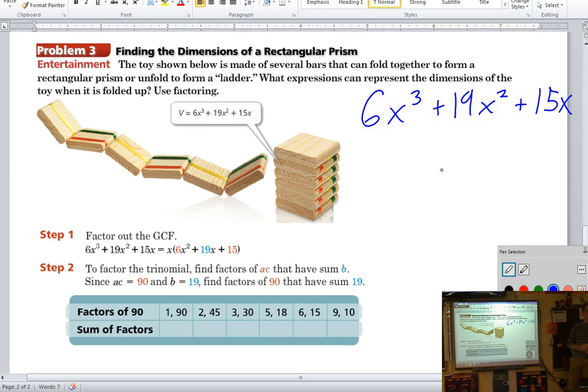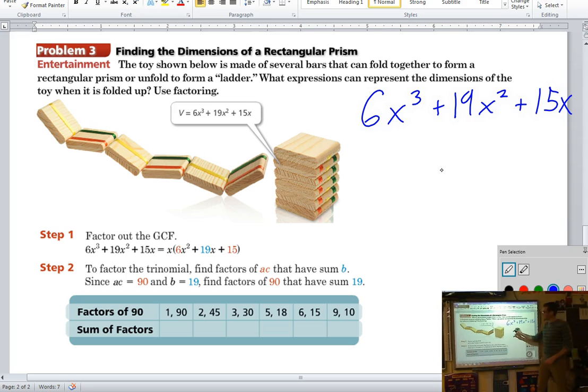What do you think, Stradler? I can't see anything that can come out of all of them. If the coefficients don't work together, check your variables.